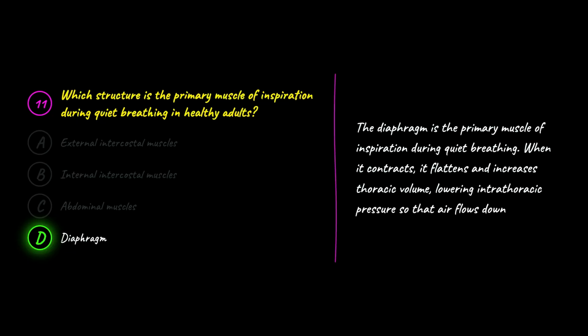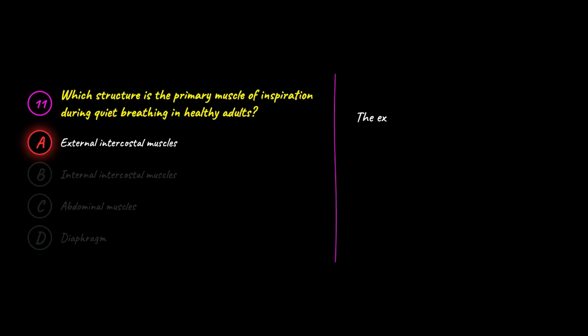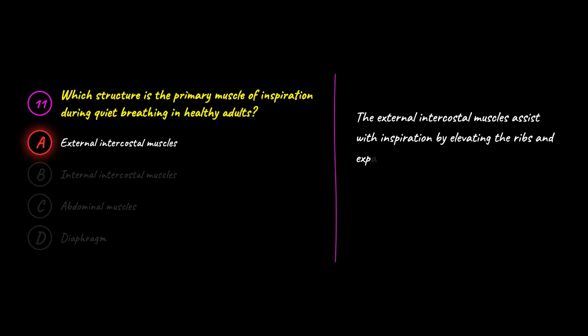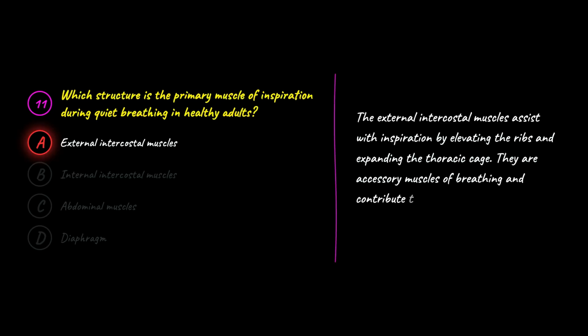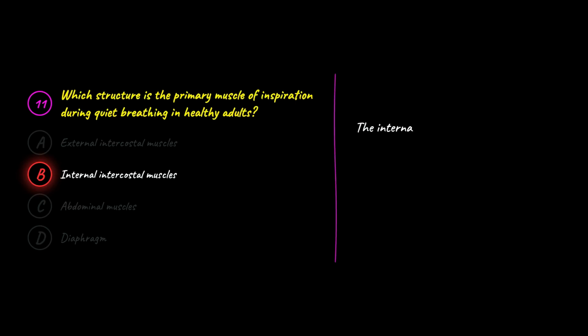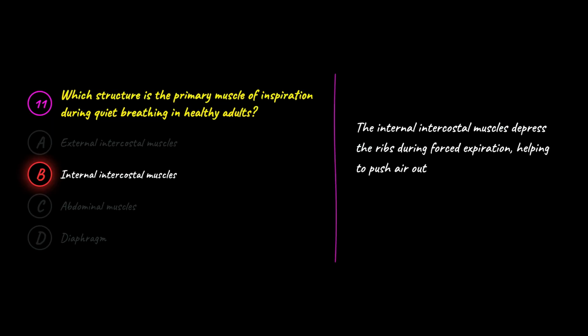A is wrong because the external intercostal muscles assist with inspiration by elevating the ribs and expanding the thoracic cage. They are accessory muscles of breathing and contribute to chest expansion, but are not the primary inspiratory muscle. B is wrong because the internal intercostal muscles depress the ribs during forced expiration, helping to push air out of the lungs.